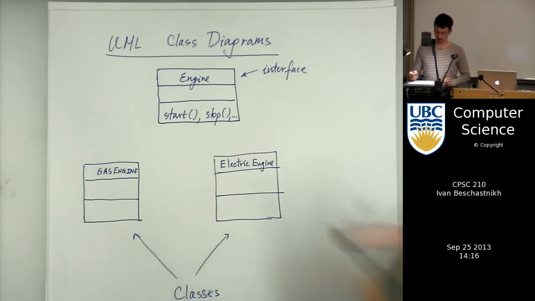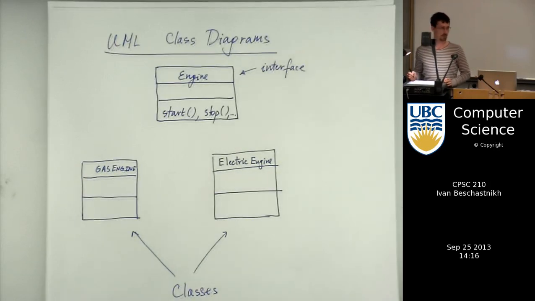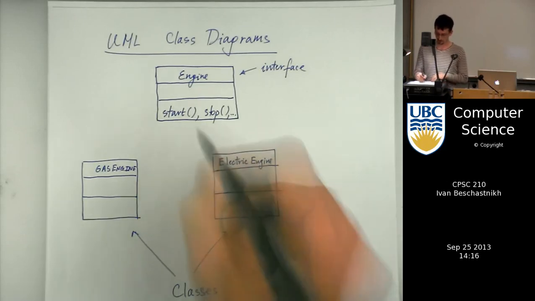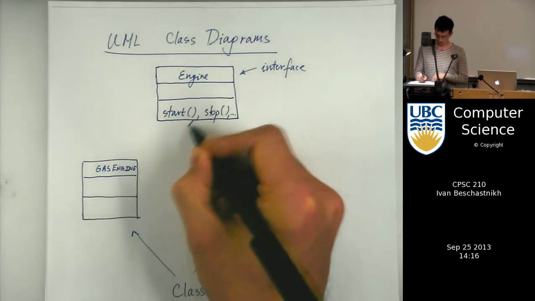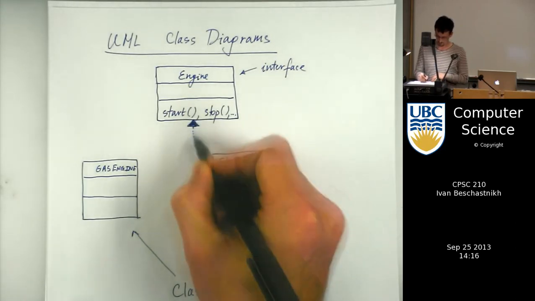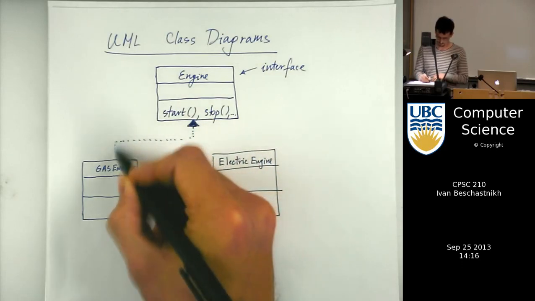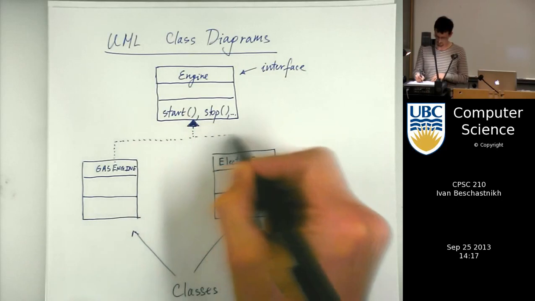Because each of these classes implements the engine interface. So the way you would denote that in a UML class diagram is that you create a little arrow to this guy. The arrow would be that.